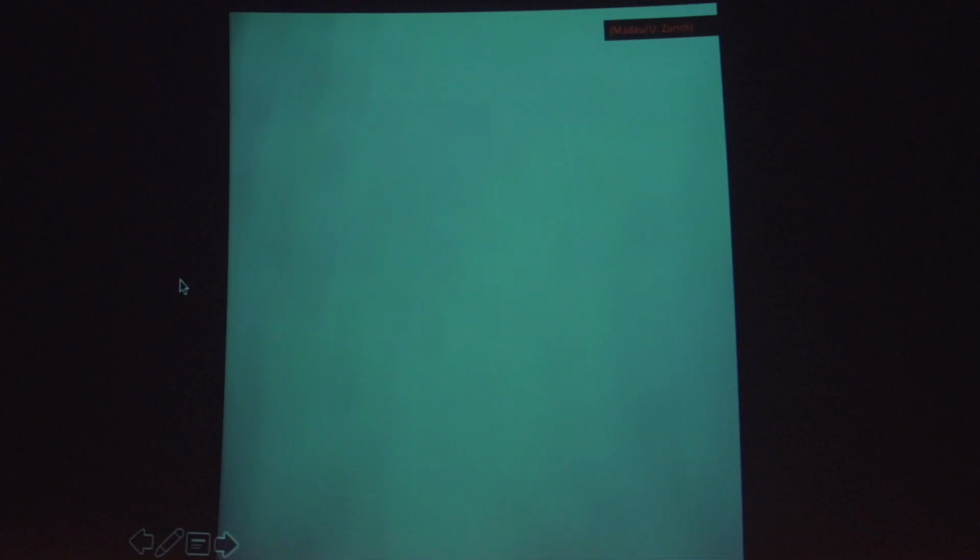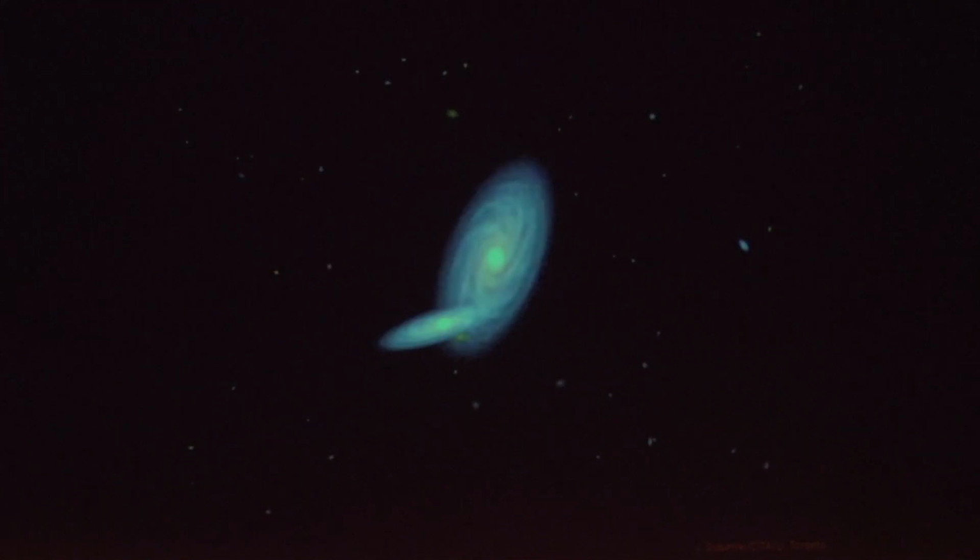So the question is, we start off with this almost homogeneous gas and you get this accretion. How do the galaxies form? And the answer here is in a really neat, very sensitive touchpad here.